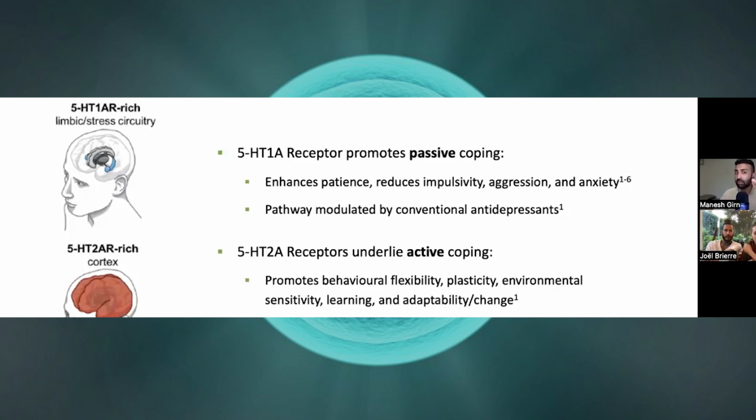So it complements this 1A receptor by, instead of just relaxing and chilling yourself out to deal with stressors, motivating active, dynamic, flexible, adaptive responses to handle them in a more action-oriented way. And this is the one modulated by serotonergic psychedelics. It's located more throughout the cortex, but is particularly rich in the default mode network.